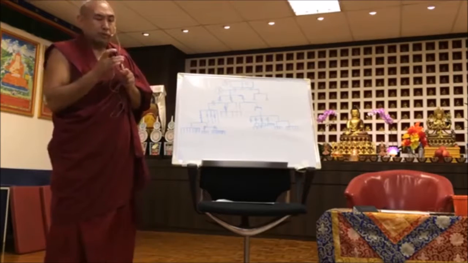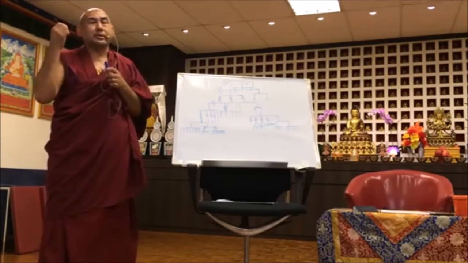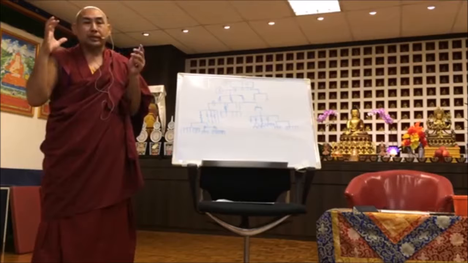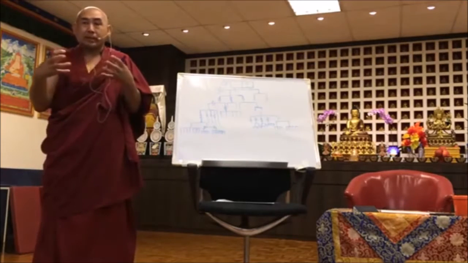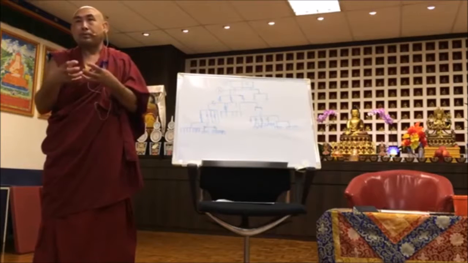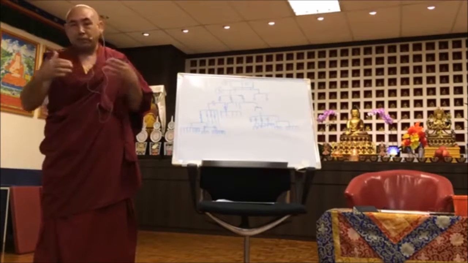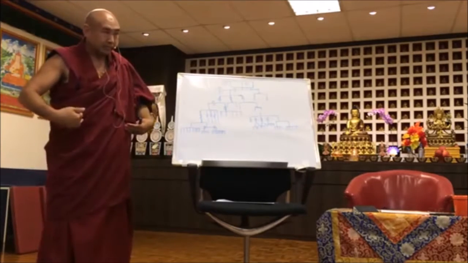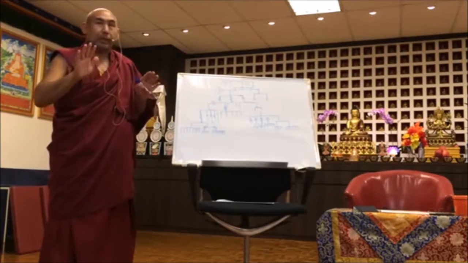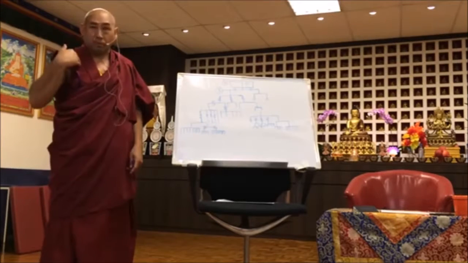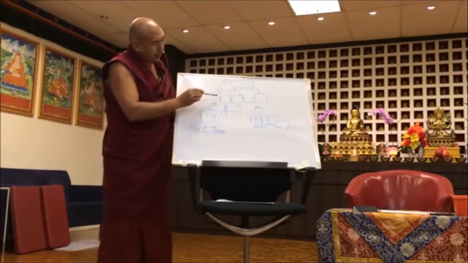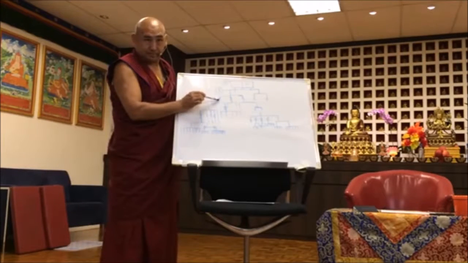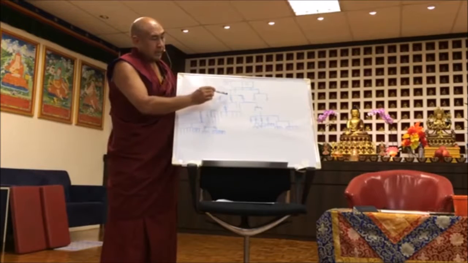So when you hear about matter or form, you should think it consists of 4 elements. For example, our body. You shouldn't think I am a body. We say I have a body. Our body is included in matter.